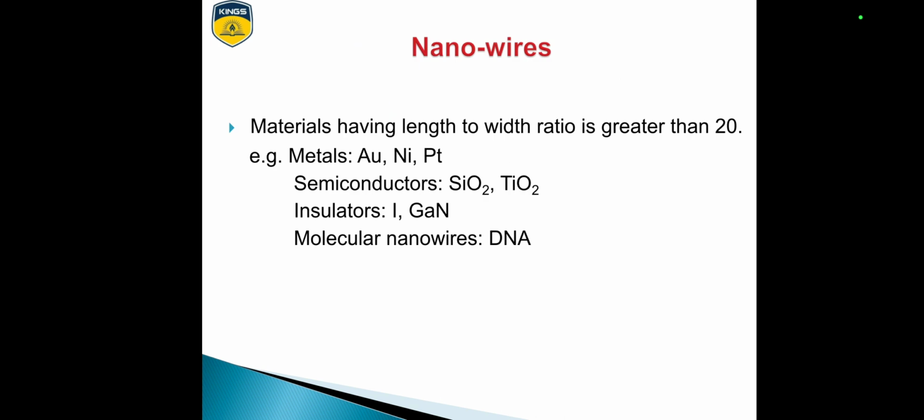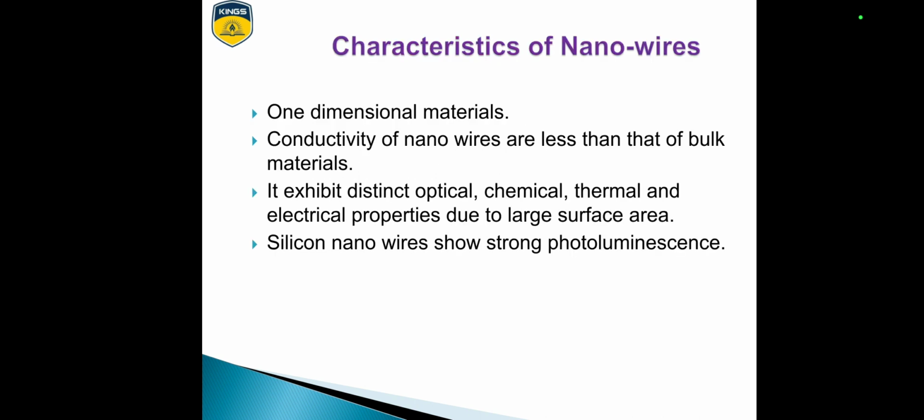What is a nanowire? These are materials having a length to width ratio greater than 20. Examples: metals like gold, nickel, platinum; semiconductors like silicon, titanium dioxide; insulators like indium, gallium; molecular nanowires like DNA. The characteristics of nanowires: they are one-dimensional materials.